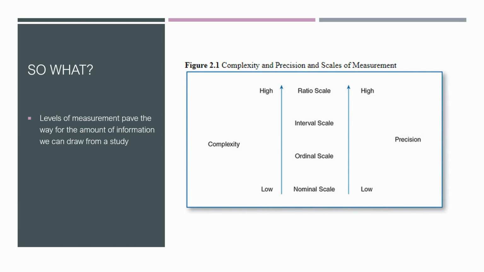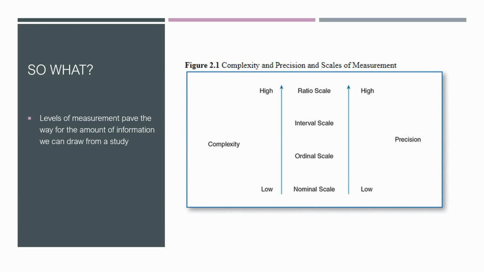Okay, so here on the right, we see that the levels of measurement increase on the dimension of complexity from low to high, and on the dimension of precision from low to high. Nominal scales have low complexity, low precision.